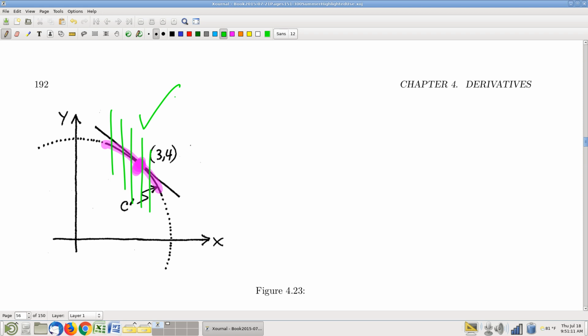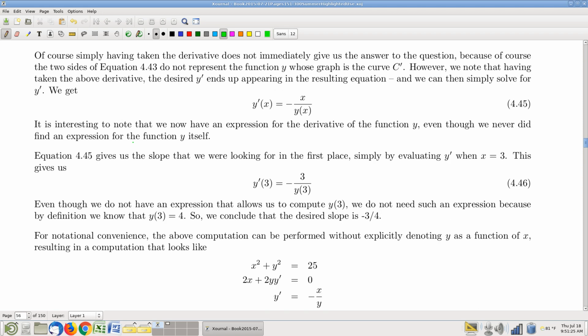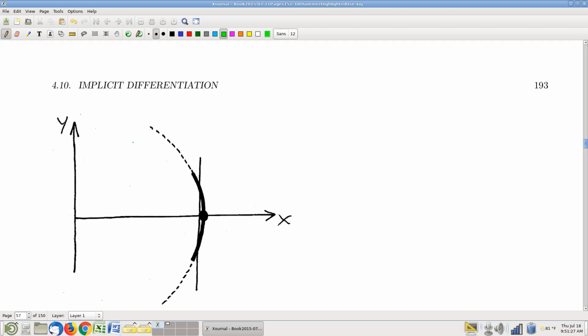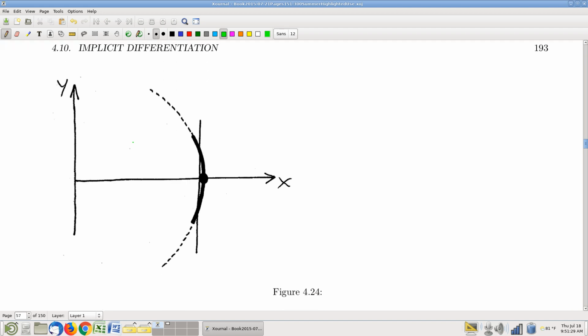But in general, how do you know that you can do that? How do you know that you can erase enough of the curve so that the resulting short little bit actually is a graph? I'll point out that it's not always true. Here's a pretty easy counterexample on the same circle, no less. Let's look at that point 5, 0. I don't care how much of that curve you erase.